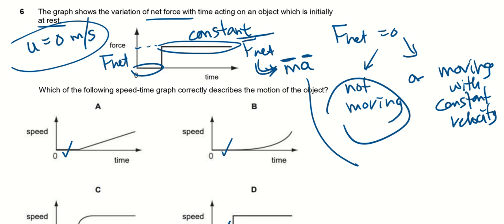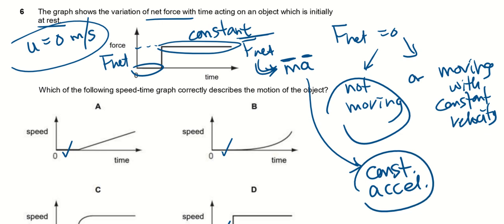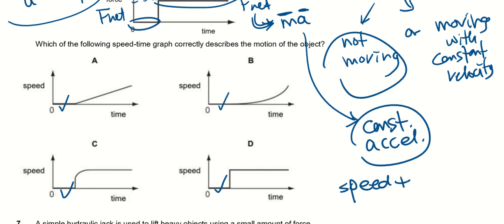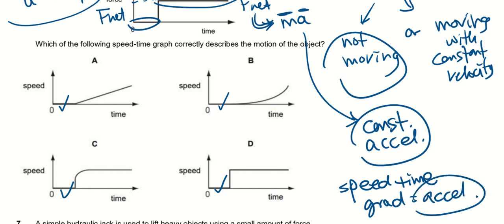That means I'm going to have constant acceleration. When it's constant acceleration, in a speed time graph, the gradient represents acceleration. So I must find a constant gradient graph.